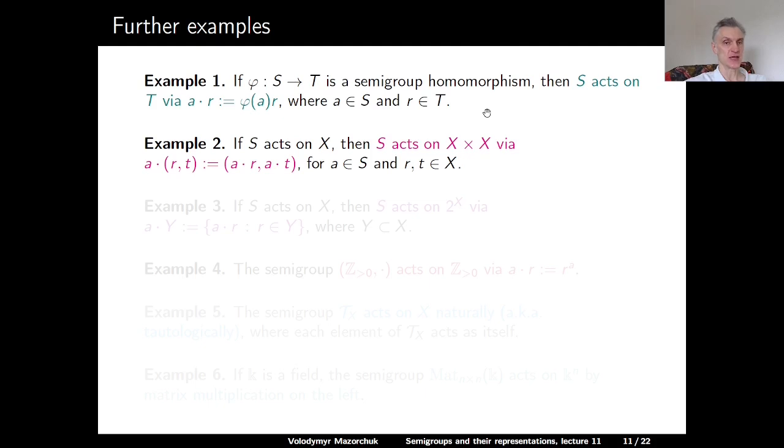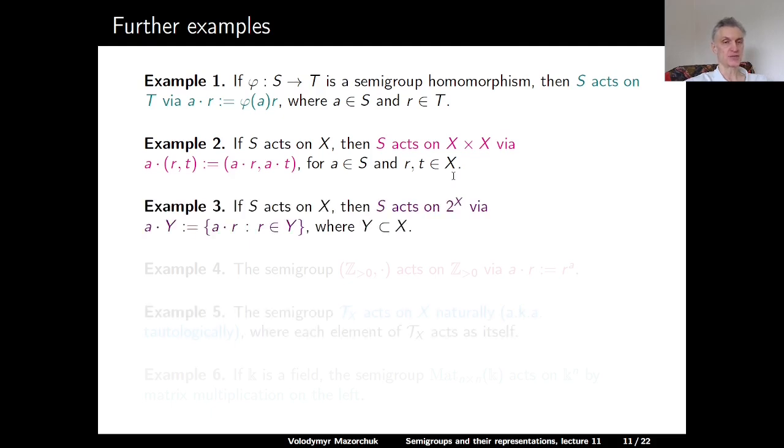If S acts on X, then S also acts on X times X diagonally. This means that A acts on the pair R, T, giving the pair A dot R, A dot T. Here A is an element in S, and R and T are elements in X.